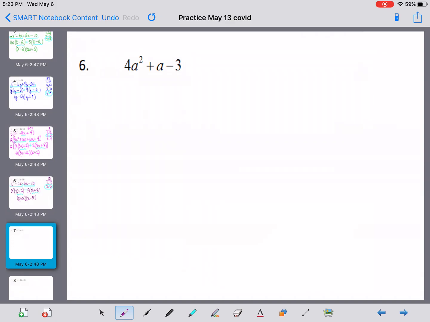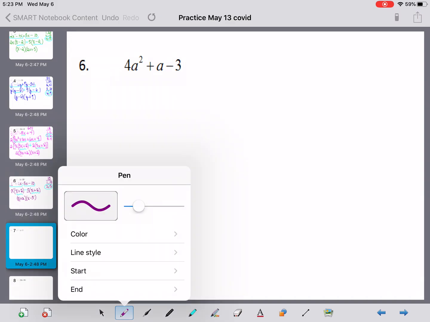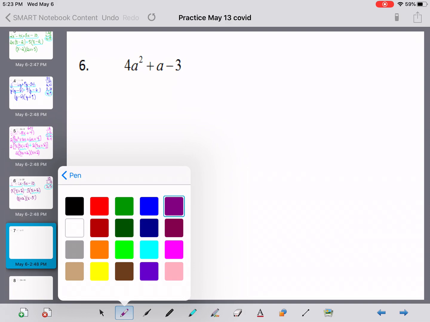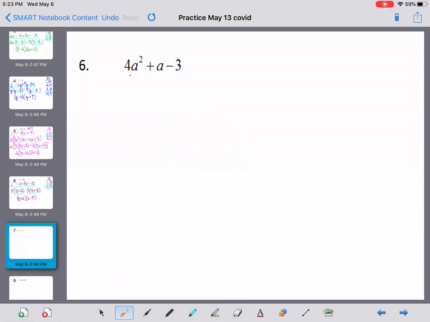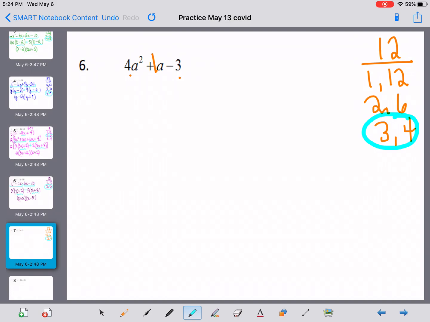But the last problem on this video is going to be taking the 4 times the 3, which is 12, and factors of 1 and 12, 2 and 6, 3 and 4. We want to combine to be 1a. Again, notice a different variable, but it doesn't matter what the variable is. We want to combine to be 1, which is going to be the 3 and the 4.